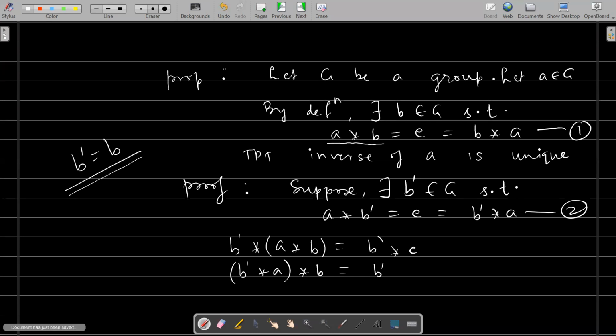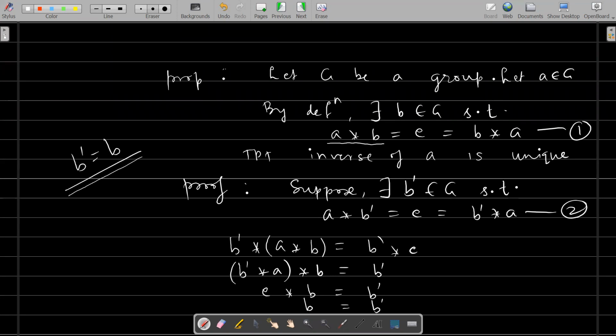So we need essentially associativity for various purposes in the group. Now B dash star A is E by 2. So I get E star B is equal to B dash. But E star B is again B by definition. So B is equal to B dash.